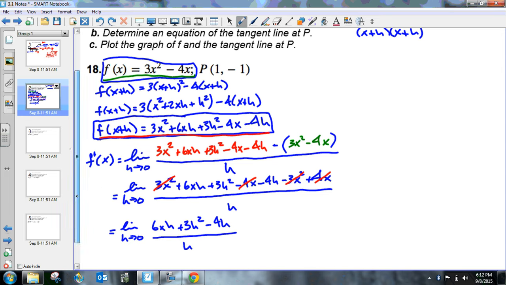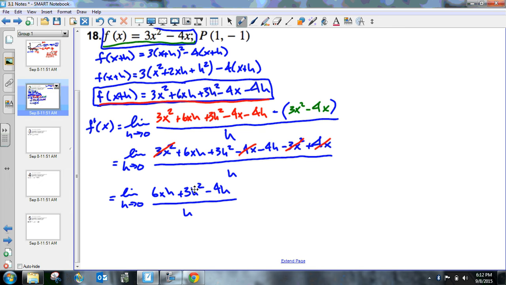Now take a look, folks. I have an h in every term in my numerator, so I can factor out an h here. And I get the limit as h approaches 0 of h times 6x plus 3h minus 4, and this is all over h.